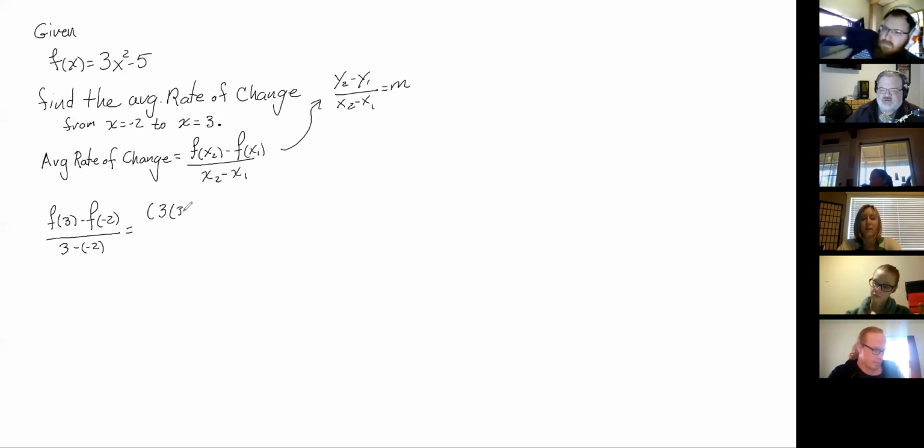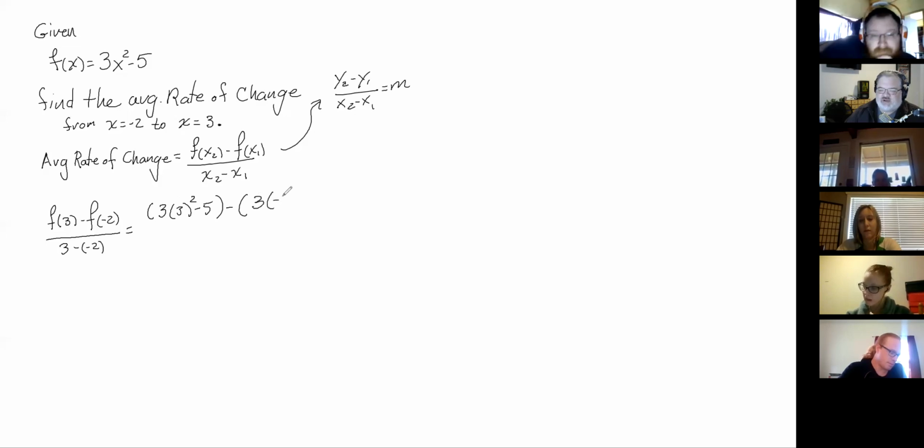3 times 3 squared minus 5. That's our f at 3, minus the quantity 3 times our -2 squared minus 5, all over our 3.